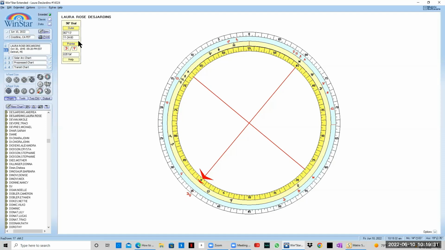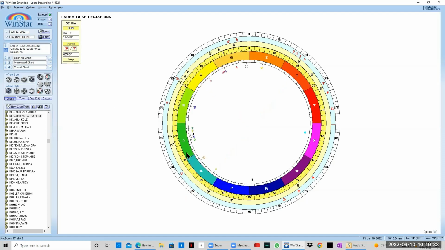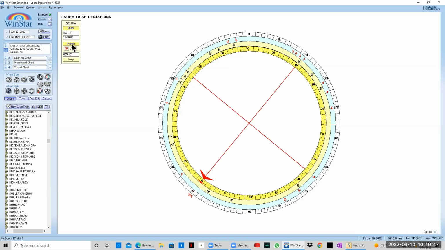So let's take this off here. So take the pointer off and look and see exactly when that was. There you go. It's right there at that point, close enough to what we're looking for. It's hard to get this exact, but you can see Moon Pluto exactly to the midheaven. That also tells you that your time is correct.